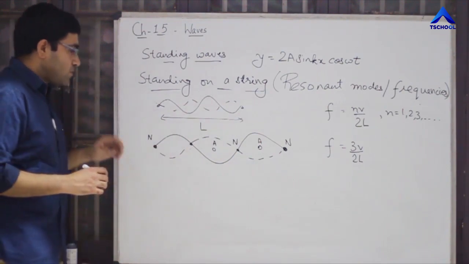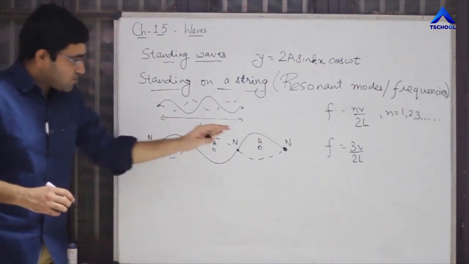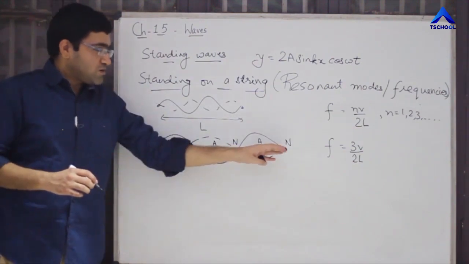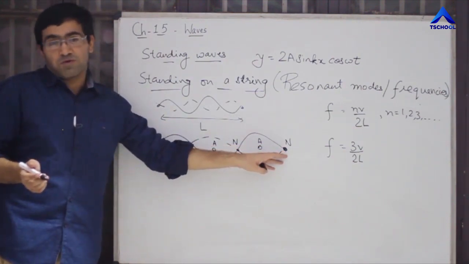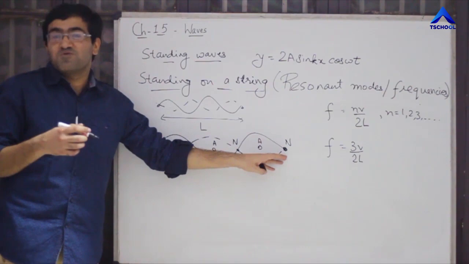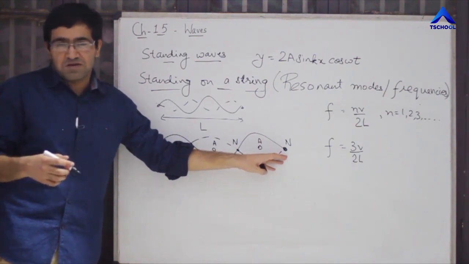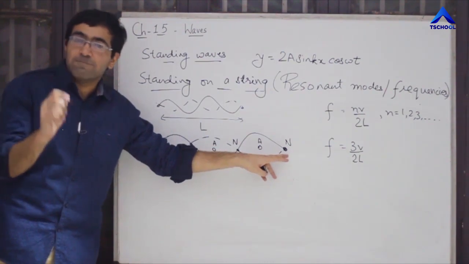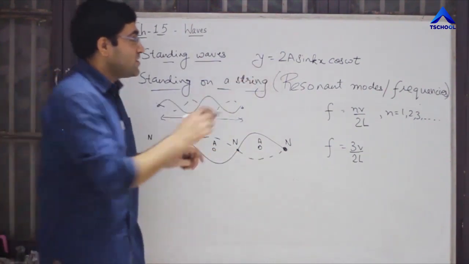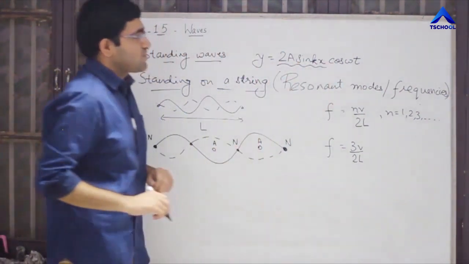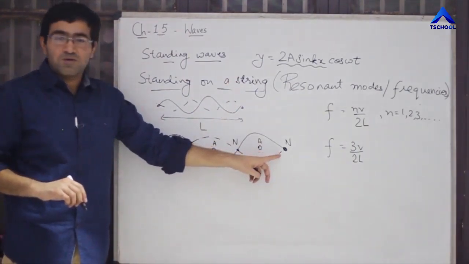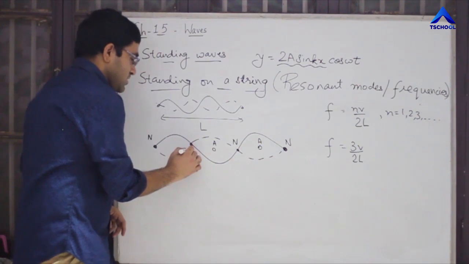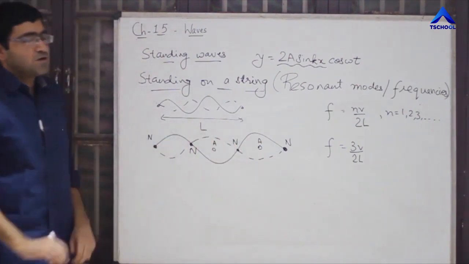Now here I've marked a few points, nodes and antinodes. Hopefully you remember that nodes are those points that do not have displacement while the string vibrates. Basically, nodes are points where the amplitude of the standing wave is 0. So here it's 0, here as well, here as well. So these points are nodes.